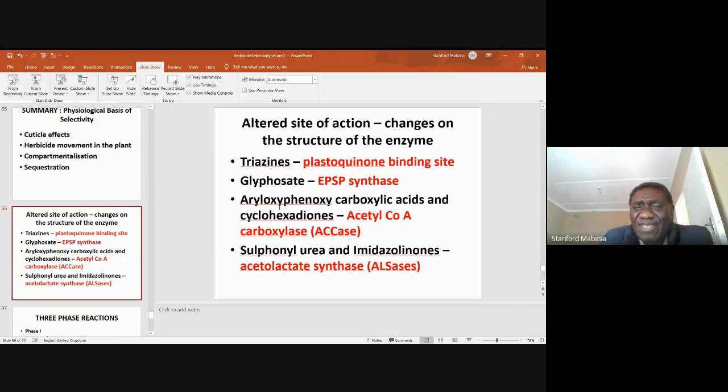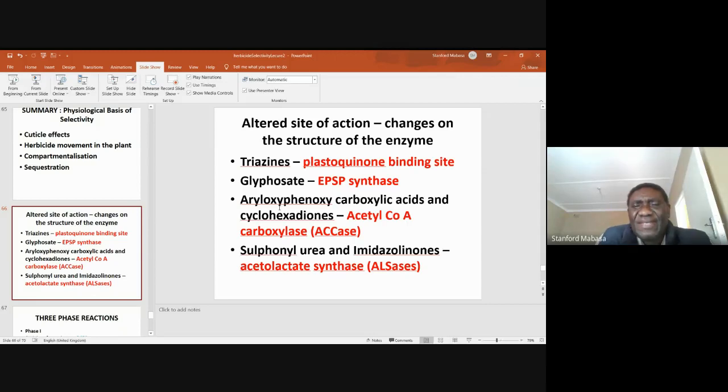Specifically, the enzyme which is important is acetyl coenzyme A carboxylase, or ACCase, which can determine selectivity in broad-leaved crops and grasses.